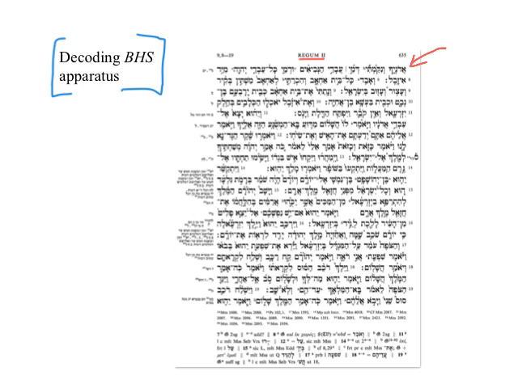And so what we find in the BHS then is in the margins there are notations, and on the side margins we call this the Masora Parva. This is the small Masoretic notes that the Masoretes themselves wrote into the margins of the text.